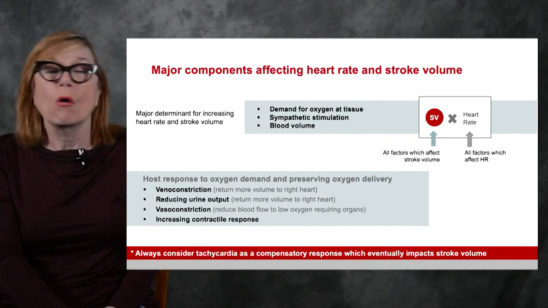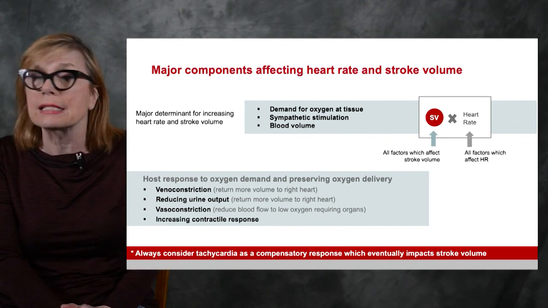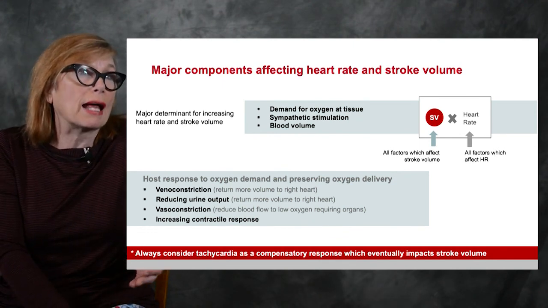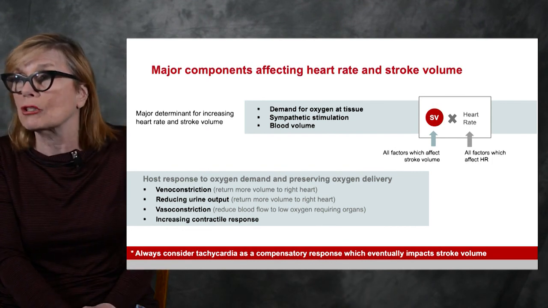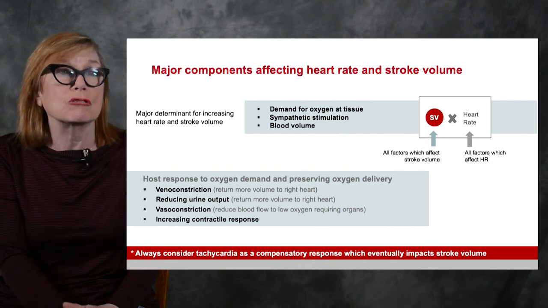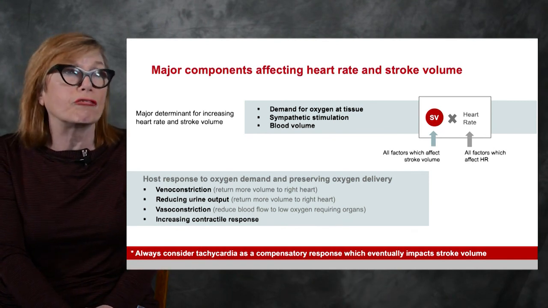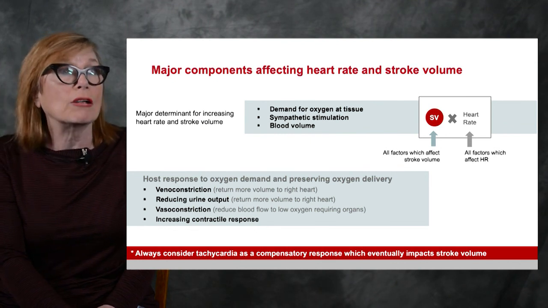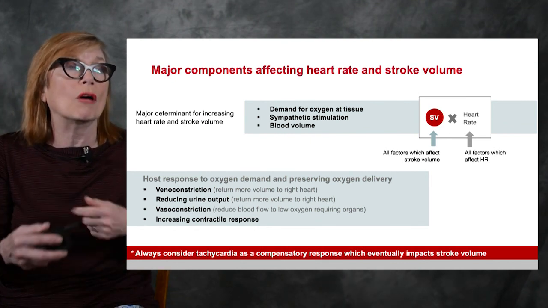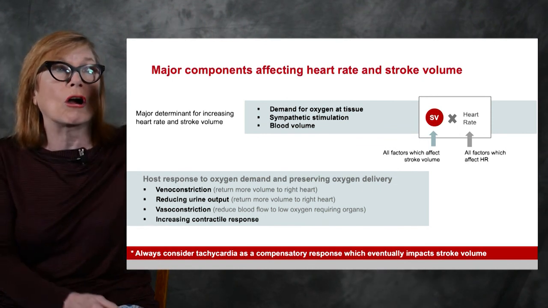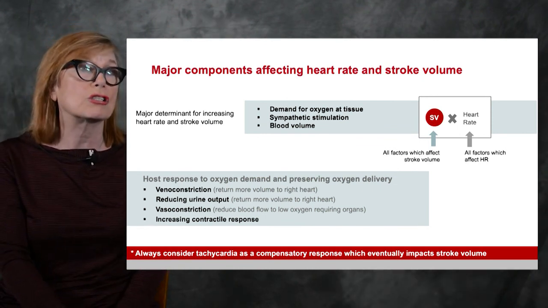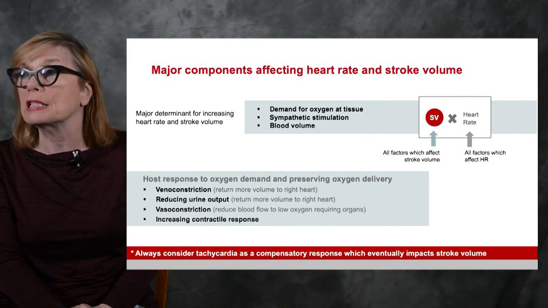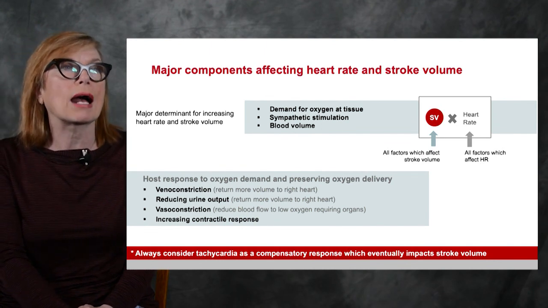And by the way, although components of the kidney actually use a lot of oxygen, the main function of the kidney, which is the filtering that occurs at the glomerulus, doesn't require much oxygen. So we actually vasoconstrict and reduce the blood flow dynamic to the kidney, which means that urine output goes down. Now that urine output goes down because the kidney is absorbing more volume to send it to the veins, to send it to the right heart, in hopes that it will reach the left heart, which doesn't necessarily occur. And of course, last but not least, increasing contractile response.